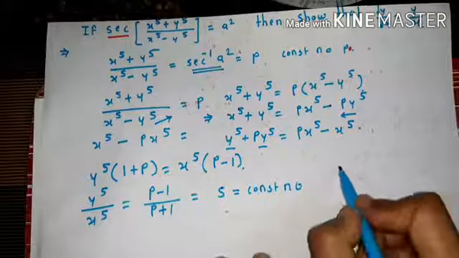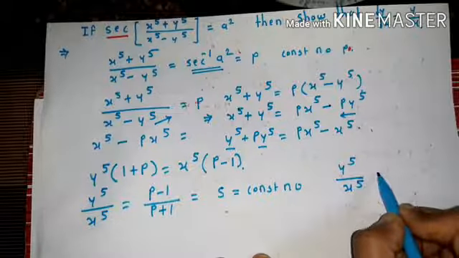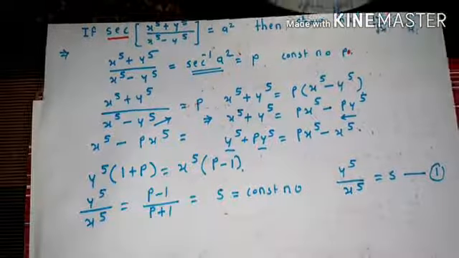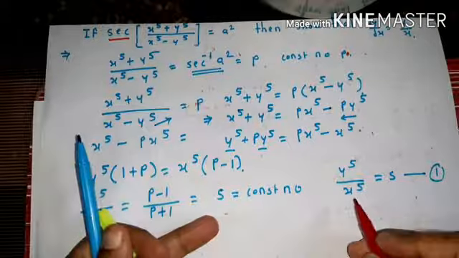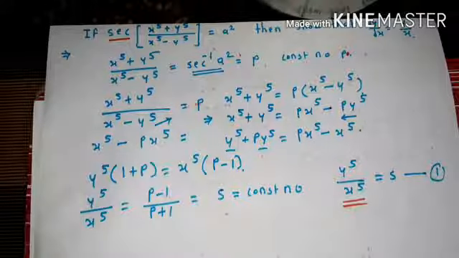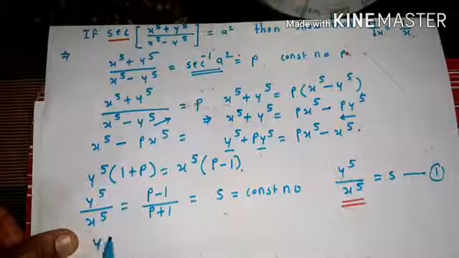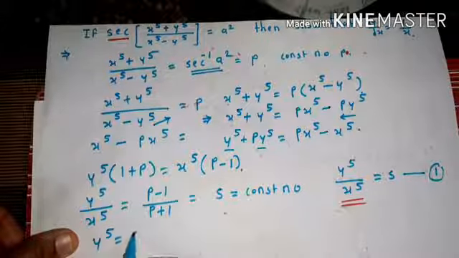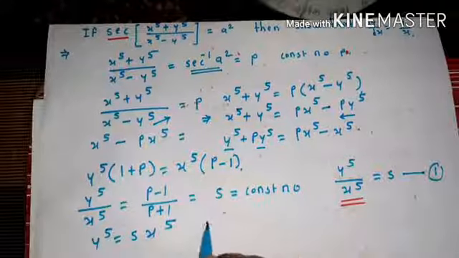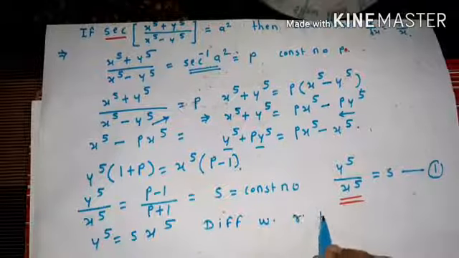Hence y^5 upon x^5 equal to s. Call this equation 1. Or we can write this as y^5 equal to s into x^5, and now differentiate with respect to x.